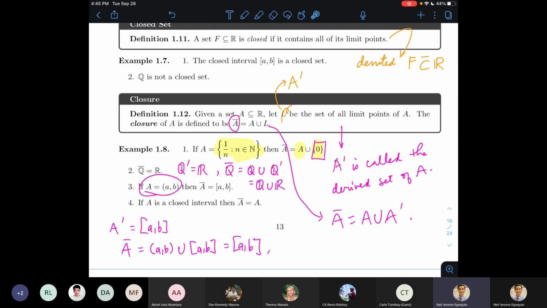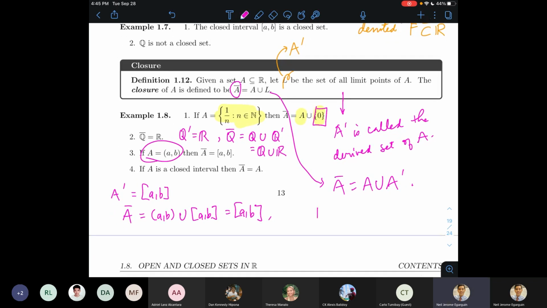So therefore, the closure of any closed interval is itself. Kasi wala ka nang kailangang idagdag sa kanya. Okay? Another nice example is R bar. If you want to find R bar, this would be the set R union R. So it is basically just the set of real numbers, because the set of all real numbers contains all of its limit points.